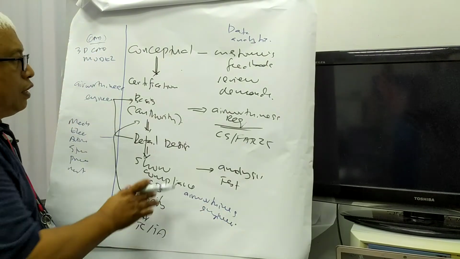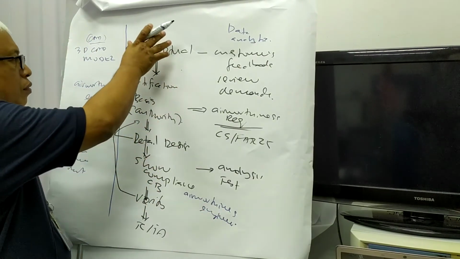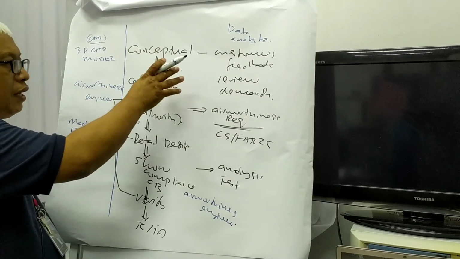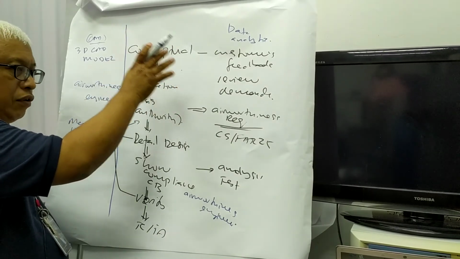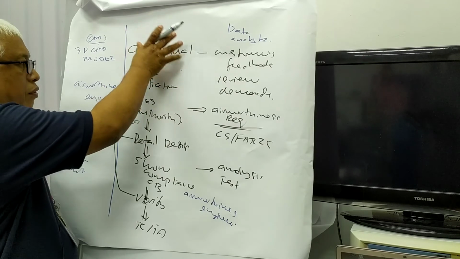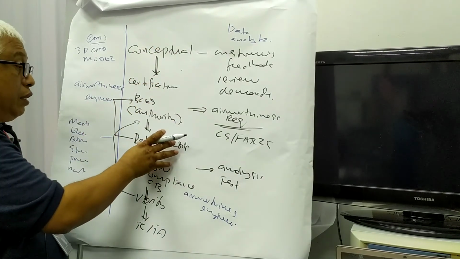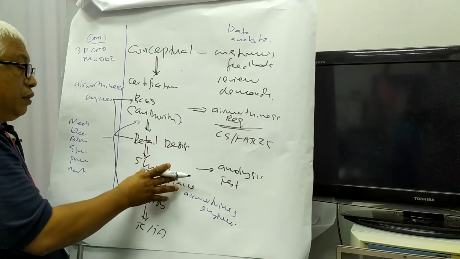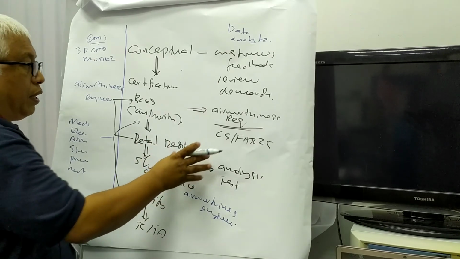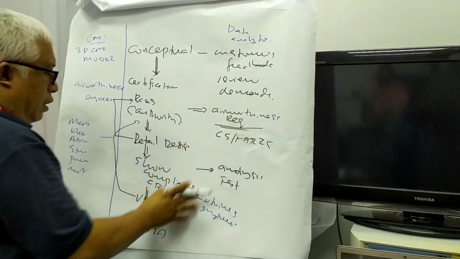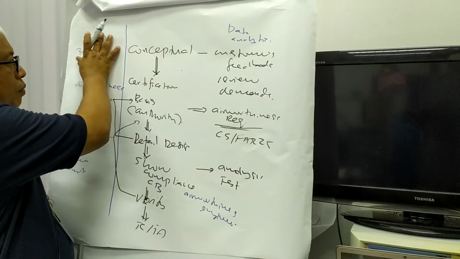Okay, so this is the framework in the design of aircraft, the design of an aeronautical product. We begin with concept, then we move to certification, and then you do detail design. During the detail design, we show compliance to the airworthiness requirement.